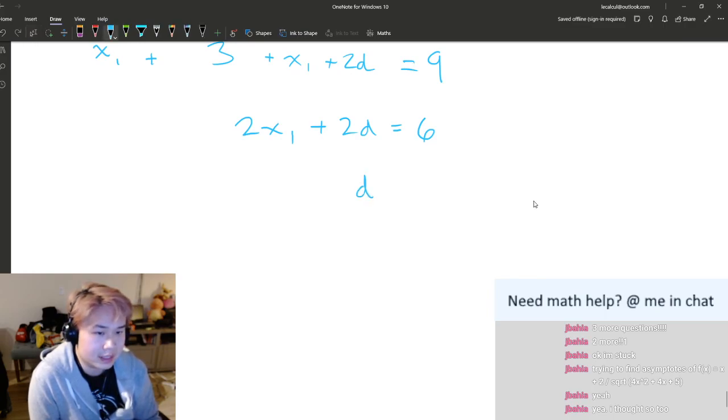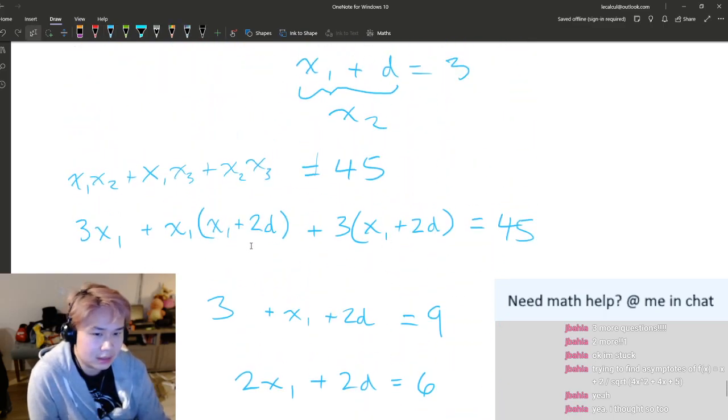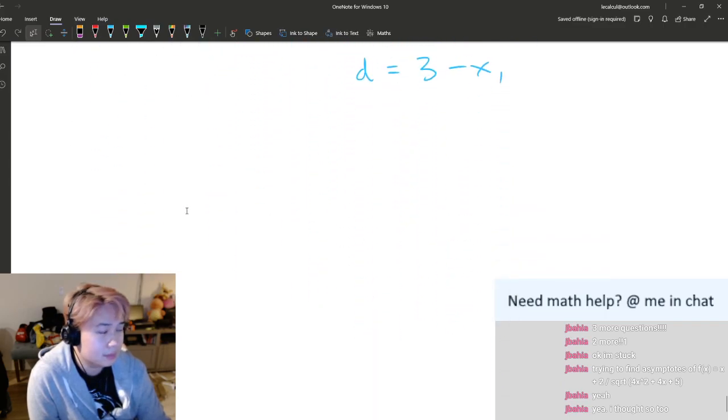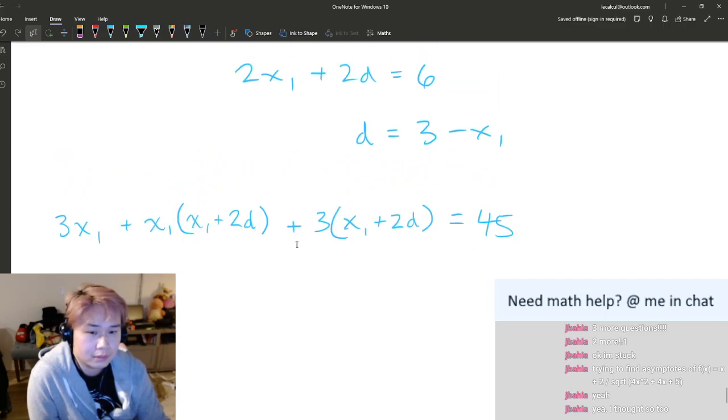Okay, so this says that d is basically 3 minus x1. Man, this is gonna get messy. Actually, maybe it won't.